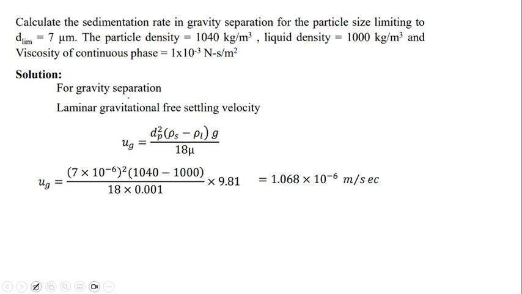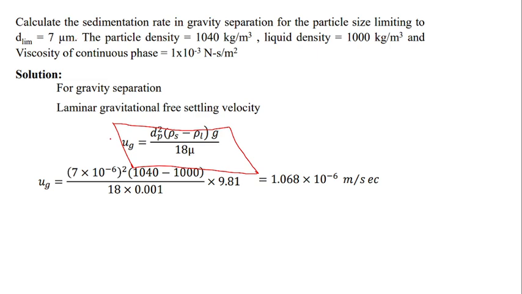So for the gravity-based separation, laminar gravitational free settling velocity, we have to note down this formula. Okay, so the formula is Ug is equal to dp square into rho s minus rho l into g divided by 18 mu. So dp is the diameter of the particle, which is given as 7 micron.